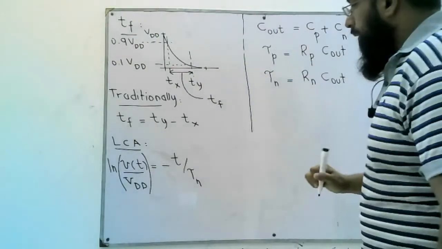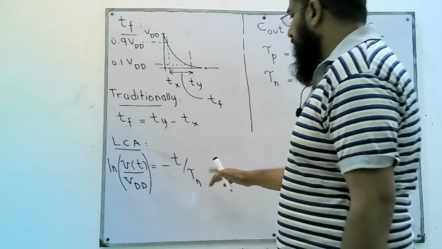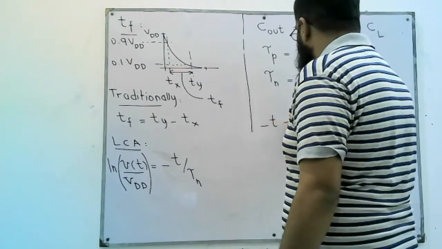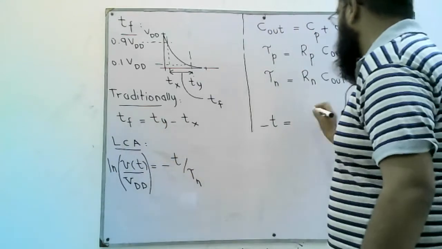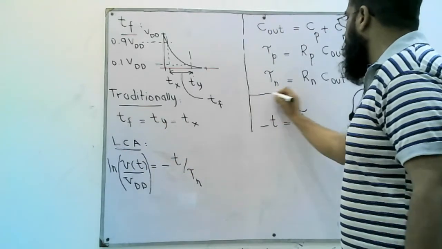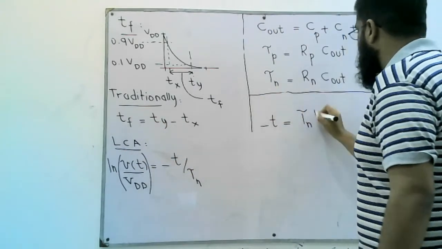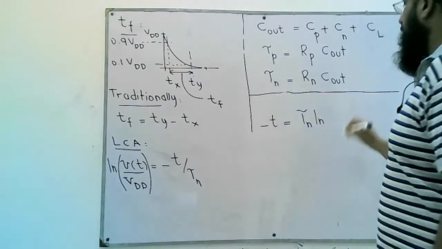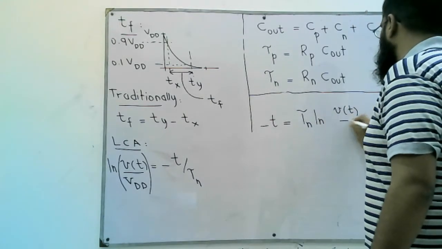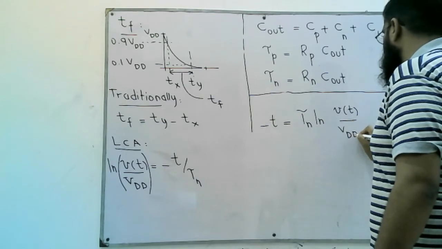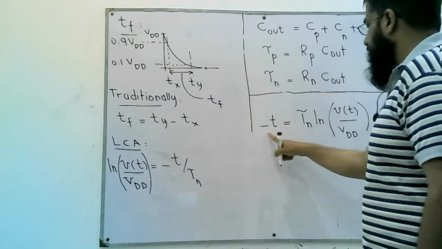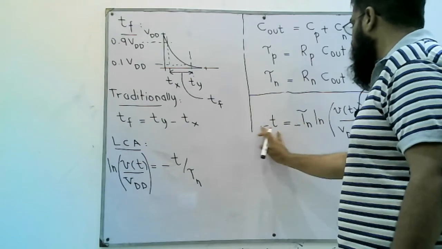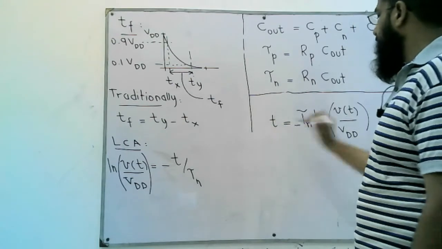Right, and we can straight away calculate: minus t, multiplying tau n on the other side, is tau n log of v of t over VDD. Since there is a minus here, we can have a minus here and get rid of this minus.